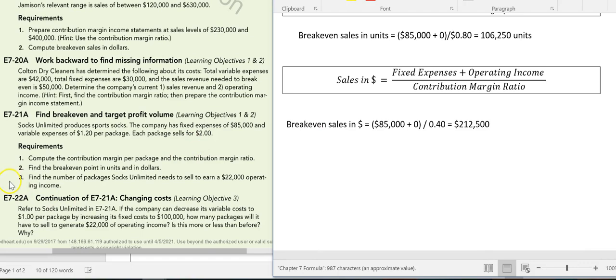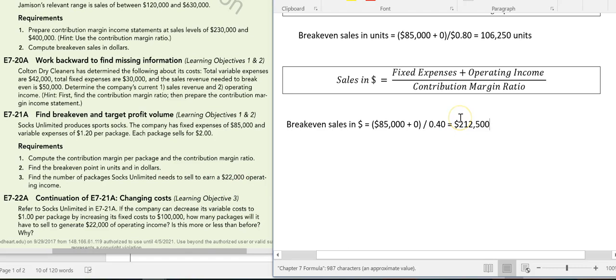Now the third requirement is we will find the number of packages of socks, or the units that the company, Socks Unlimited, needs to sell to earn $22,000 operating income. So again, we're gonna calculate a certain number of units that the company needs to sell to earn a target operating income.